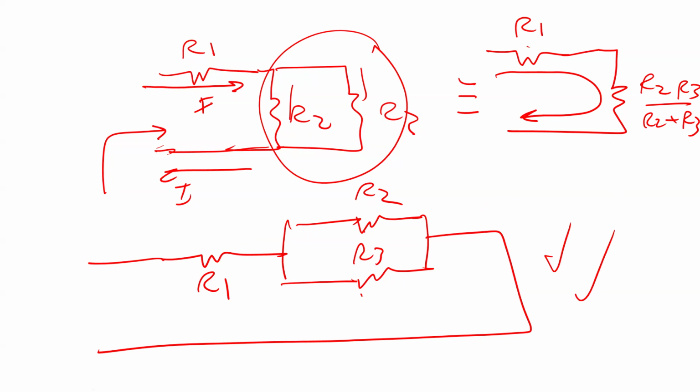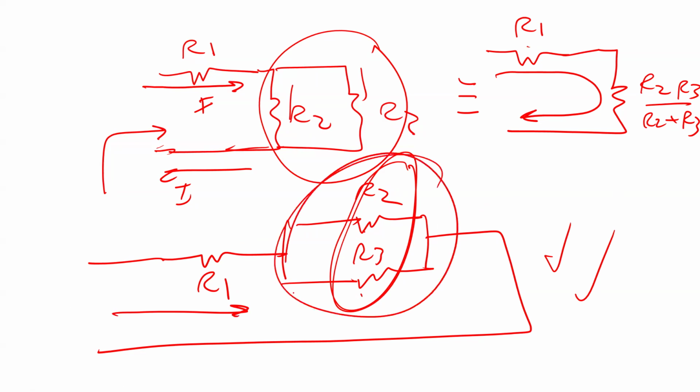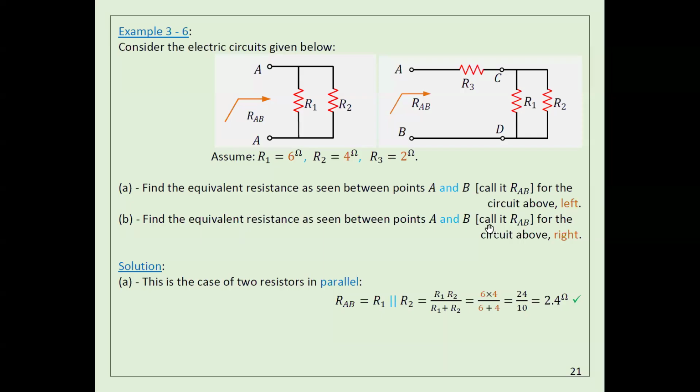So here it's very clear R2 and R3 are parallel, and they are in series with R1. Why? Because the total current is going to go through R1. Okay, any questions? Let's give you more examples, because I think examples are very important.